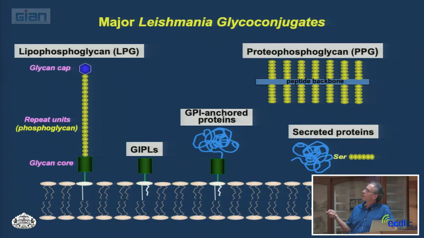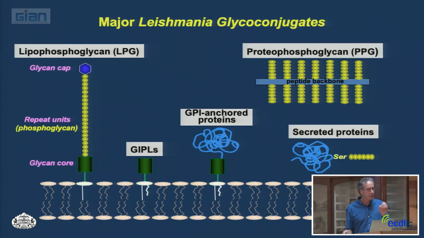And then there are also some related molecules, phosphoglycan-containing molecules that are released from or secreted by Leishmania. One is proteophosphoglycan, and there are some secreted proteins. So now I want you to take note of the commonalities of these surface-anchored and released molecules, the family of molecules that bear identical repeat units, these phosphoglycan repeat units, these yellow circles represented here.